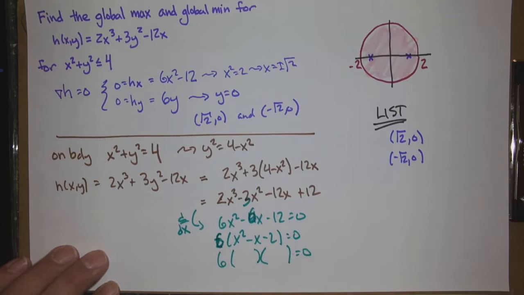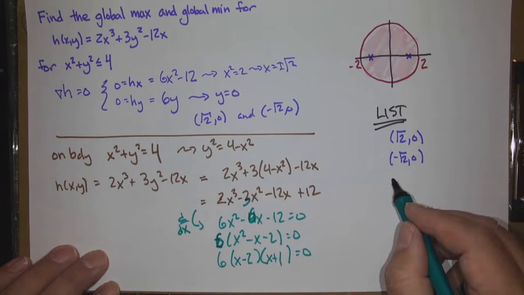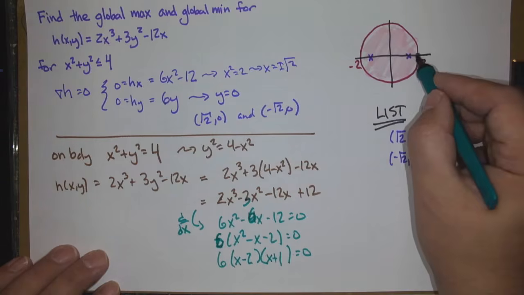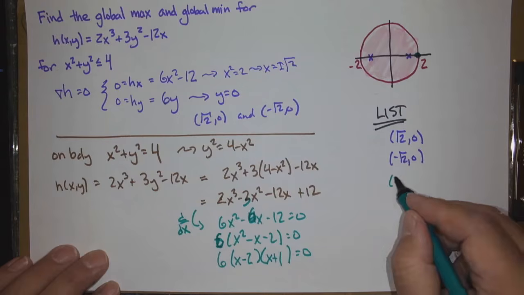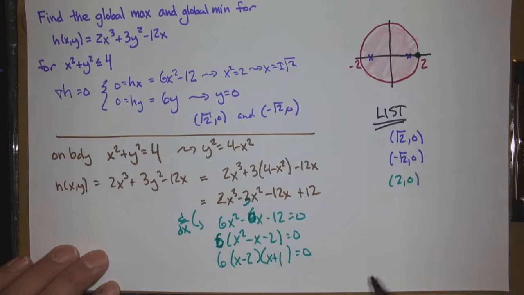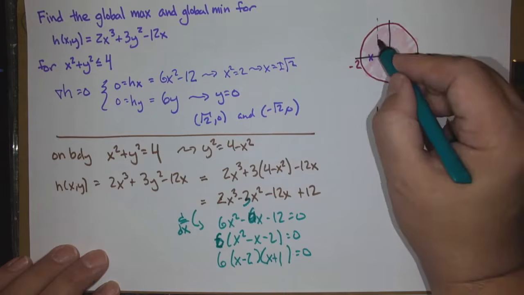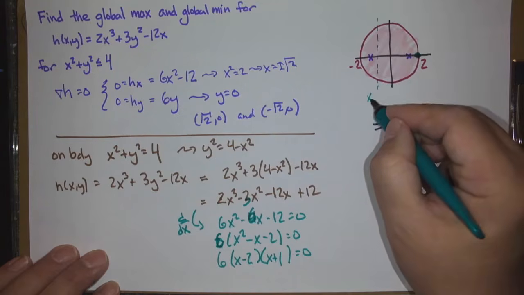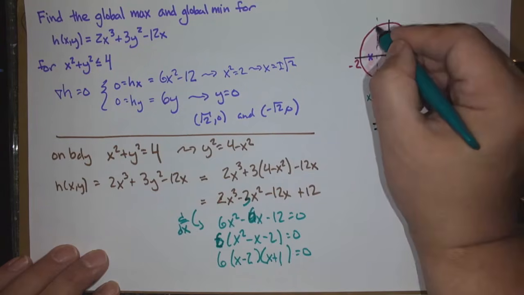Does that factor? He asks us. He writes it like it factors. X minus 2, x plus 1. So that leads us to the points where x equals 2. Well, when x equals 2, it's right there. So that's 2 comma 0. At negative 1, we're here. So that gets us some other points, right?